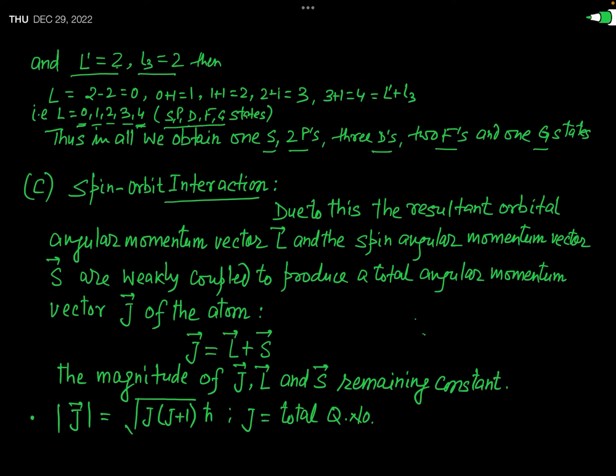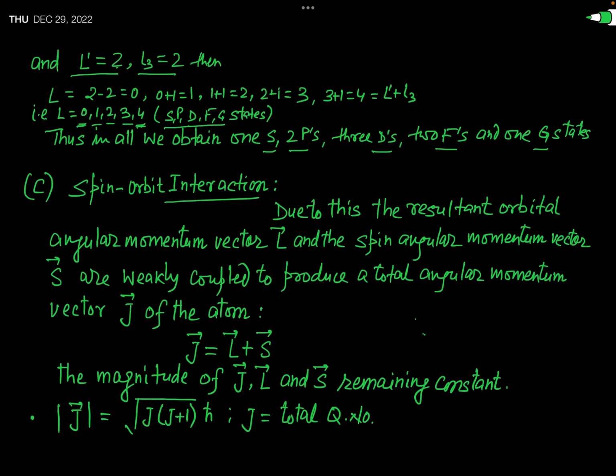In case of more than 2 electrons you have to first group 2 electrons, find capital L, then that capital L will be added to the angular momentum of the 3rd electron in the similar manner. If there are 4, then there will be 3 steps. First of all 2 electrons will be added together, again 2 electrons, and then we will add those 2 angular momenta.